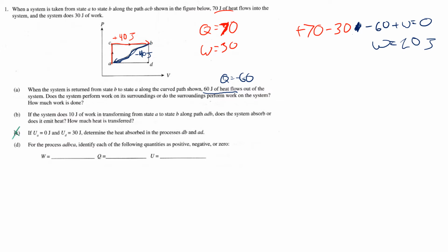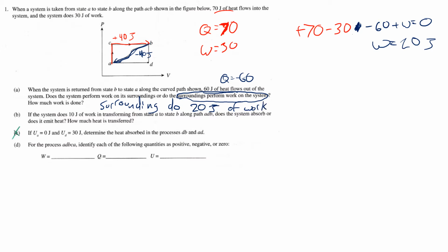We lost 60 joules from heat. So that means we have to gain some work to make sure we land on the mark. So that means that the system didn't do work, but the surroundings performed work on the system. So the surroundings do 20 joules of work.